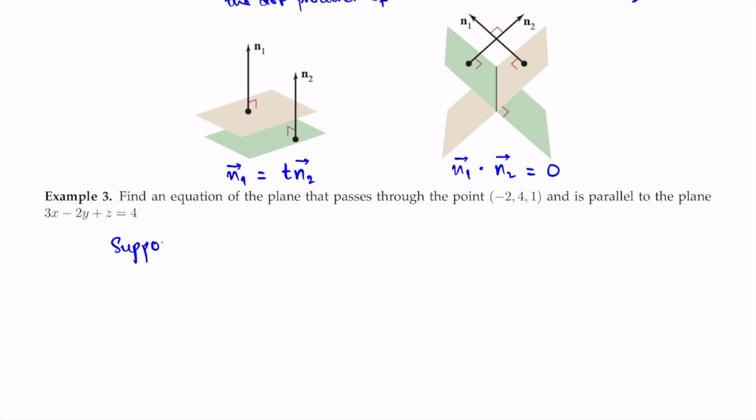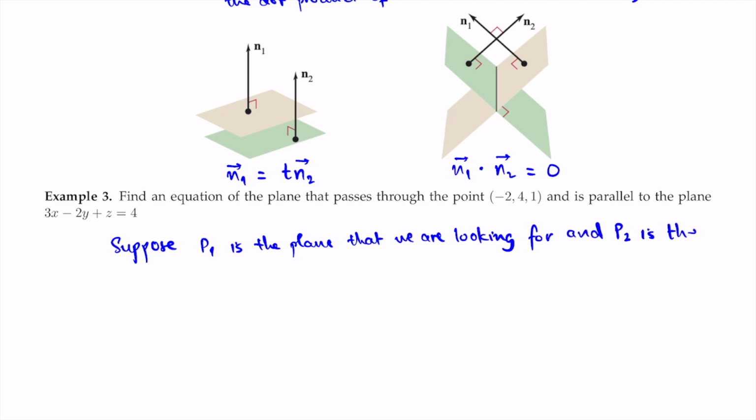Suppose P1 is the plane that we are looking for, and P2 is the plane 3x minus 2y plus z equal to 4.